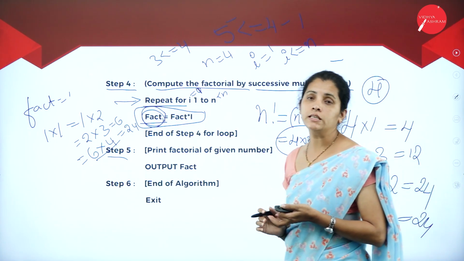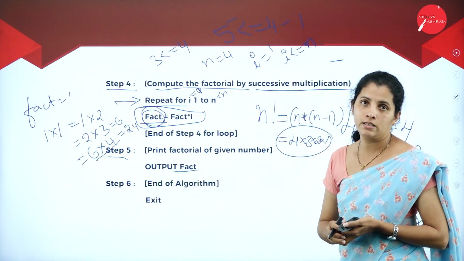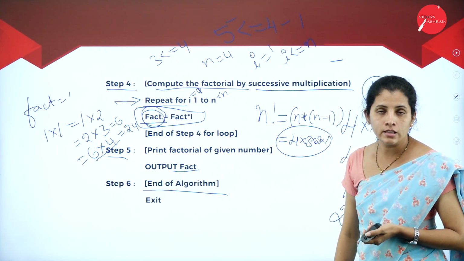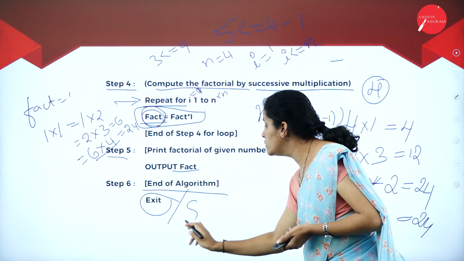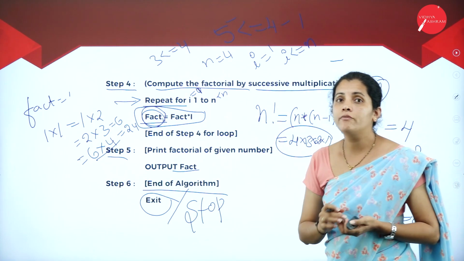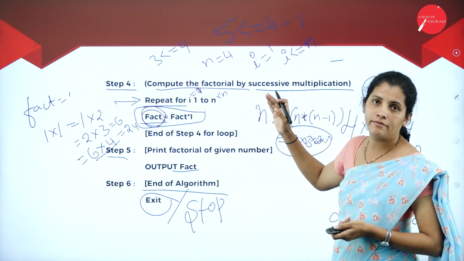Now where the result is stored? Here the result is stored under fact. Then at the end, I'm going to end my algorithm. So I'm going to write exit, or I can use the word stop my algorithm. This is the way we can find the factorial of a given number.